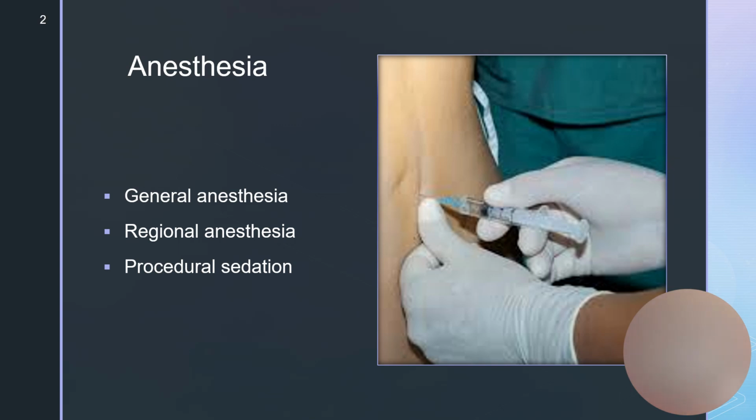Then at the end of the procedure, we administer antagonists to reverse the effects. If the medication was an opioid, we administer naloxone. If it was a barbiturate that was administered, we can give flumazenil. Again, these clients require close monitoring of their status.